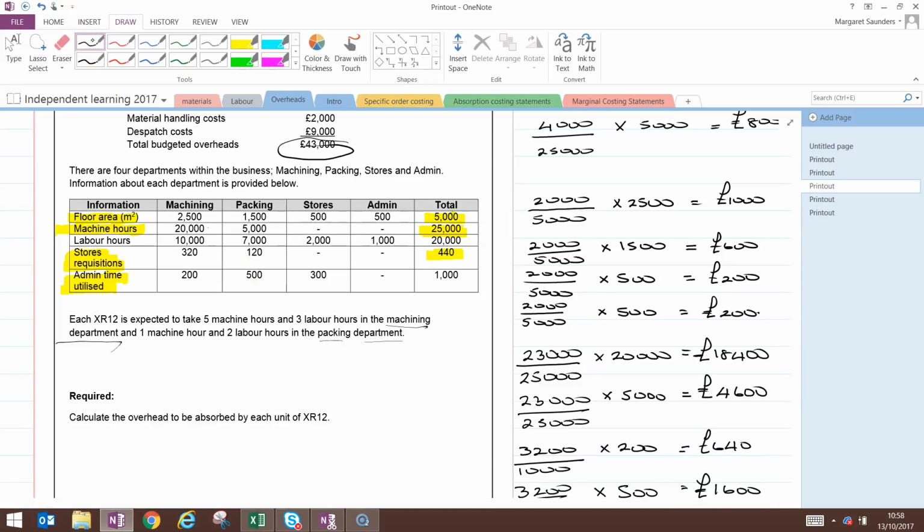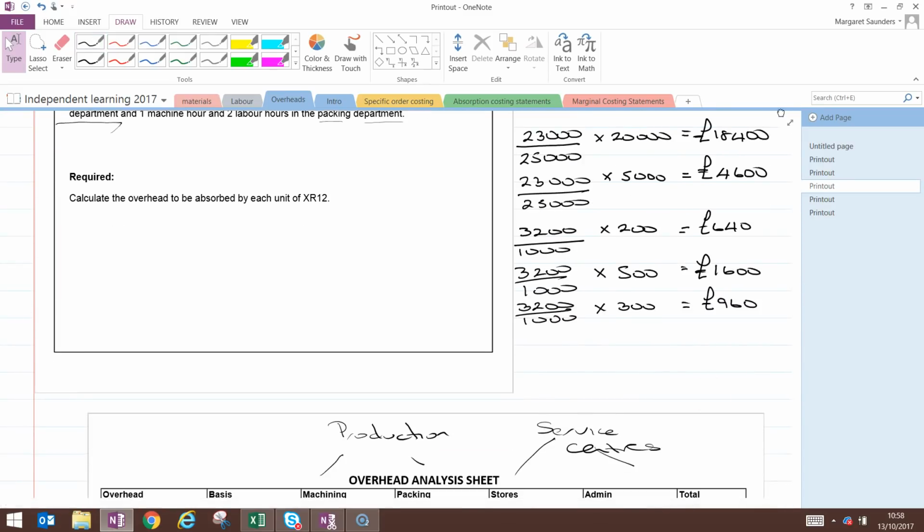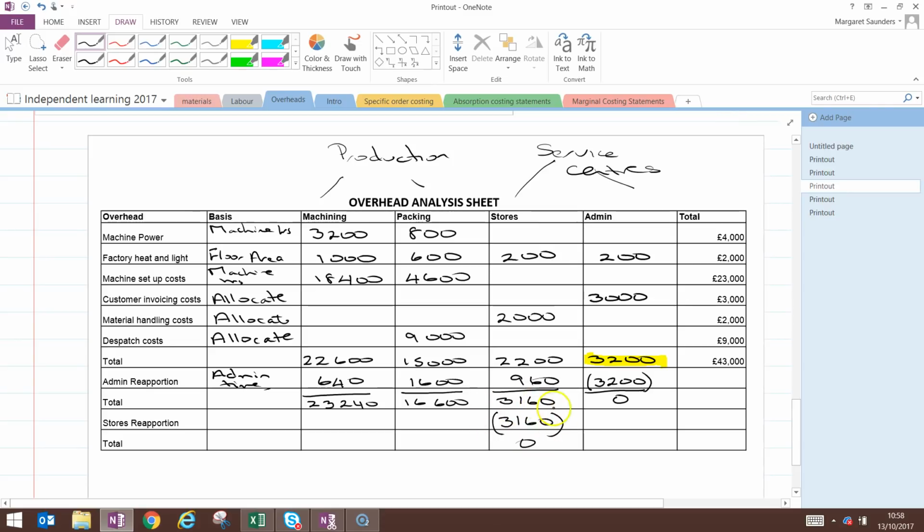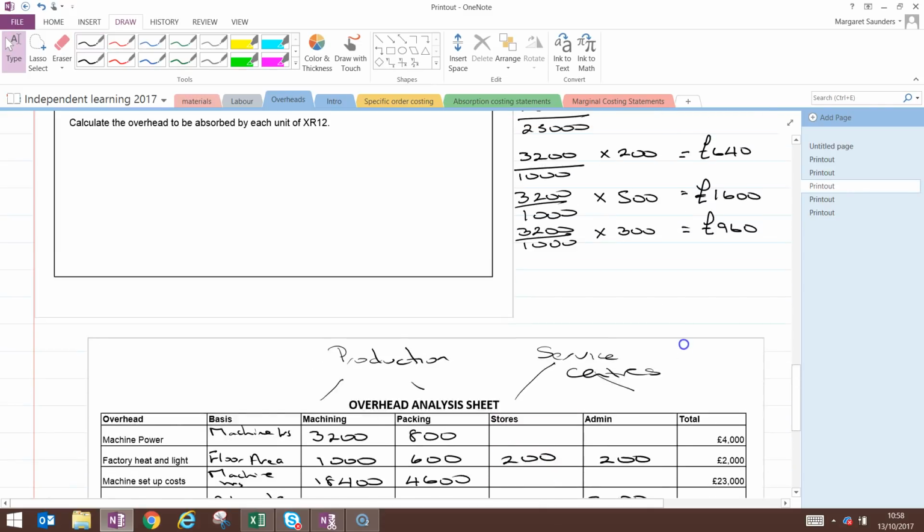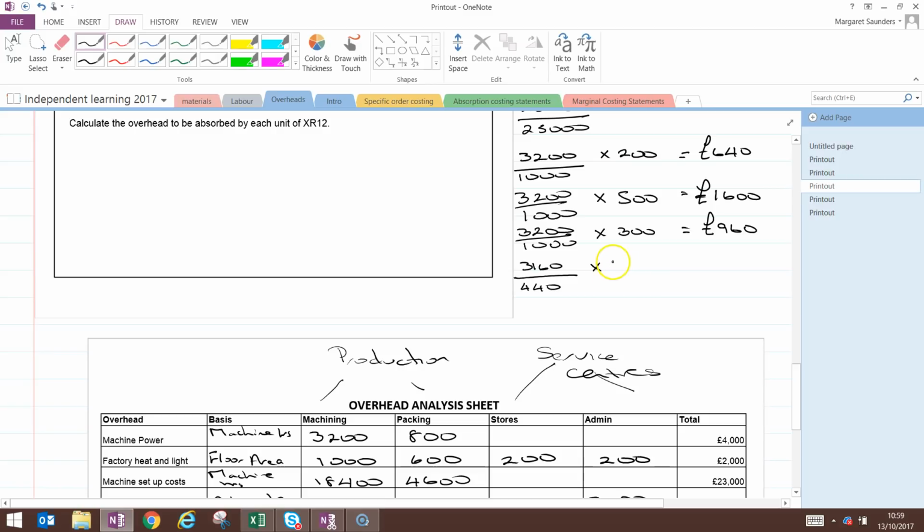So we again do the calculation. We take the stores figure, and notice we've taken the final stores figure, 3,160, divided by the total number of stores requisitions, 440, and multiply it by the stores requisitions by machining, which was 320, gives us 2,298, and then 3,160, divide it by the total and multiply it by 120 requisitions for the packing.